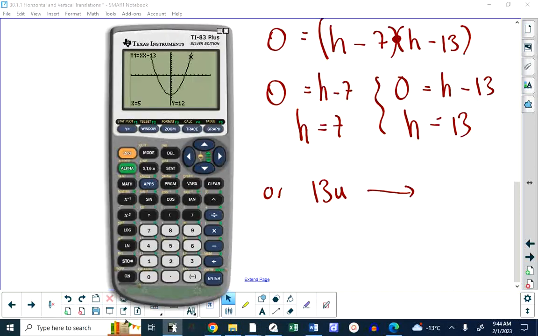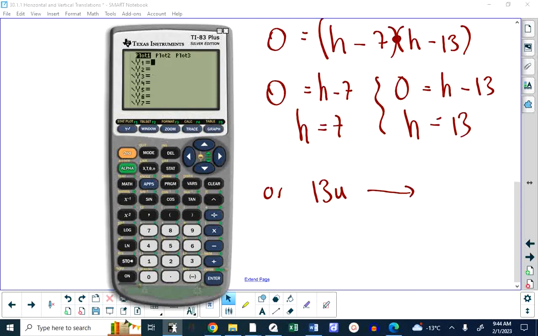What does it have to pass through? 10, 9? Okay. So there's the point, 10, 9. I'll adjust my window settings a bit here, 15. There's the point, 10, 9. I just put it in my stats list.